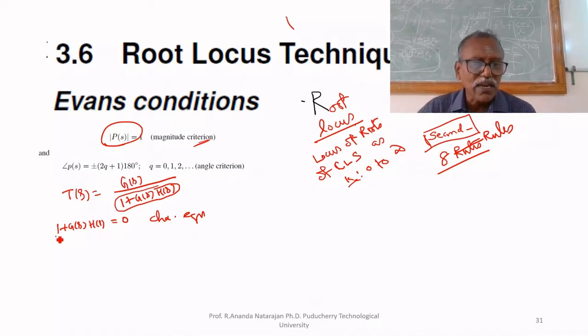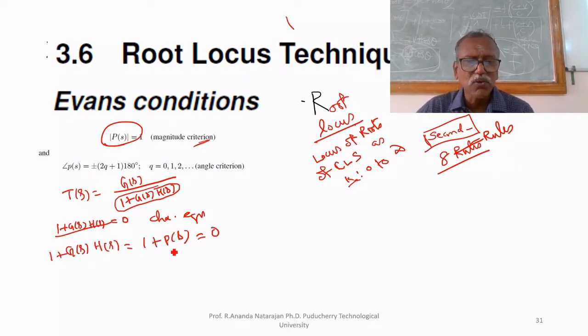So this can be written as 1 plus P of s equal to 0, or P of s equal to minus 1. P of s is G of s H of s, the loop transfer function.